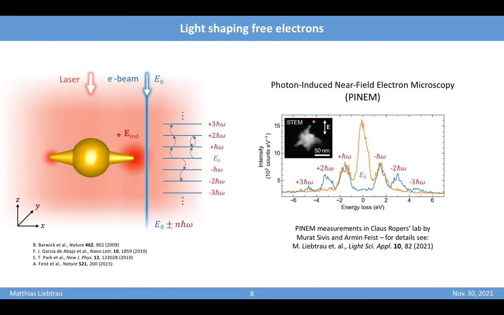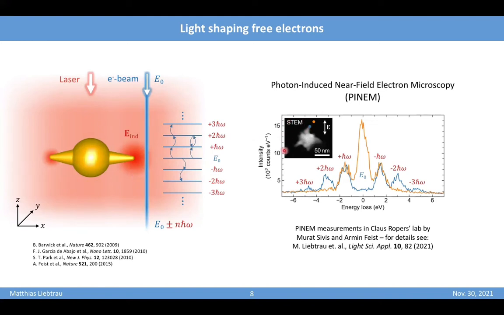If we excite our structure with a laser on resonance, we can induce a very strong near field. And if we then let an electron pass through this near field, the electron can in fact undergo stimulated emission and absorption processes. So it can pick up energy from this near field, and also be stimulated to emit into the near field, at the photon energy h bar omega of the pump laser.